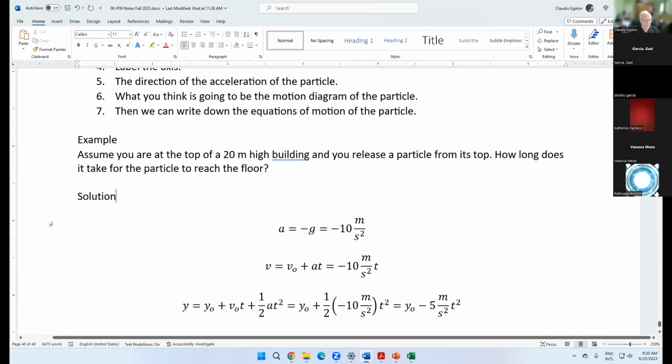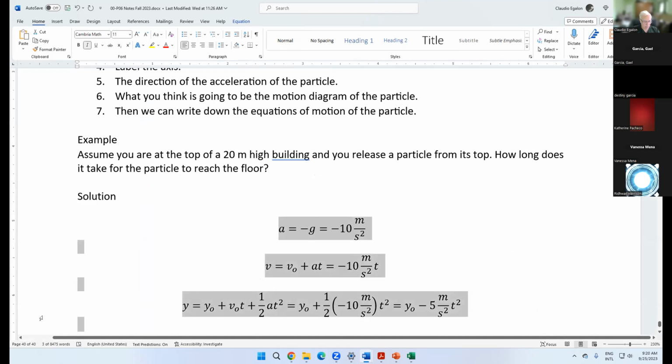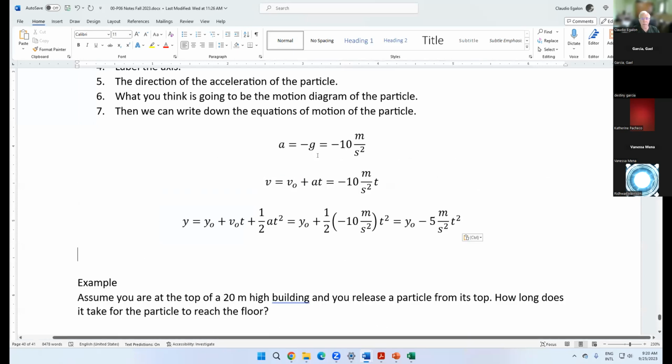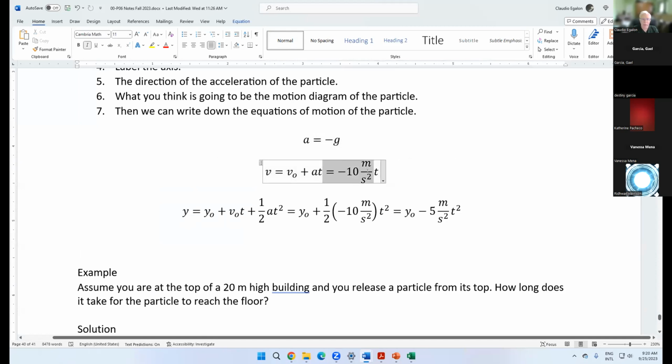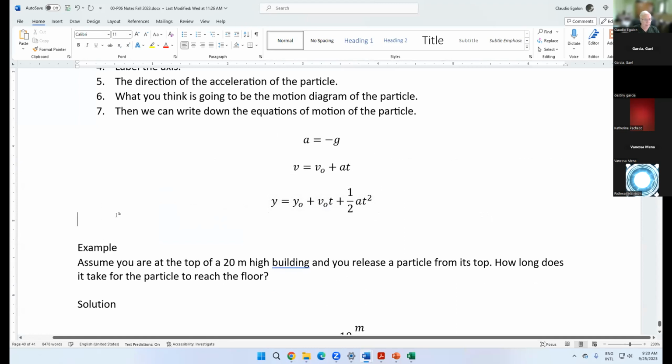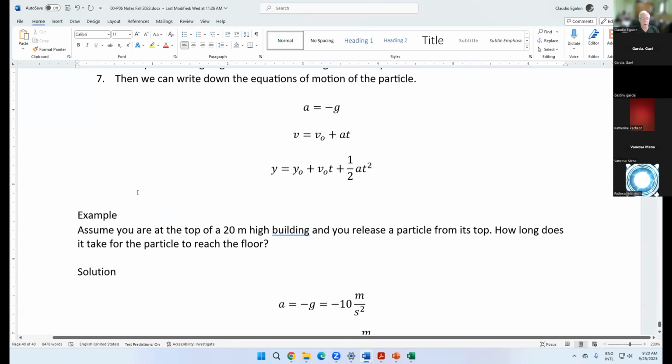I'm going to do here the generic way of setting up this problem. So here's the generic way. I'm not going to put the numeric values here yet because I want the most generic way of expressing this equation. And we're doing an example.